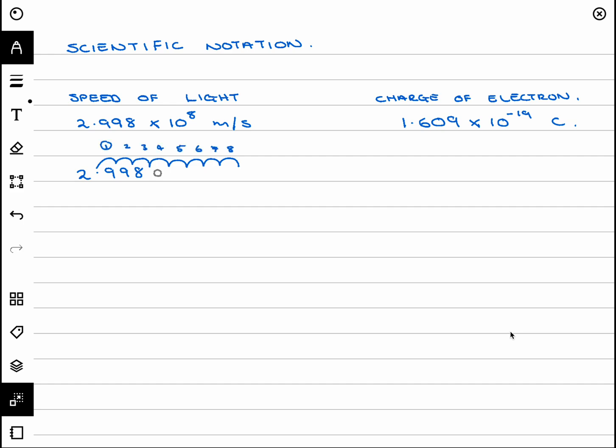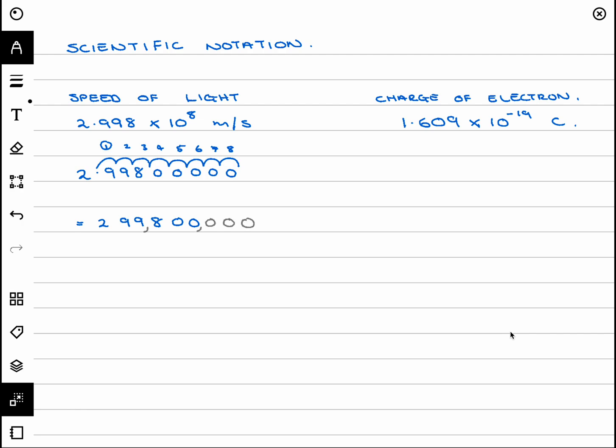And what I'm going to do here is fill in my little leaps forward with zeros. So what that actually equals is 29800. I've got 5 zeros following.